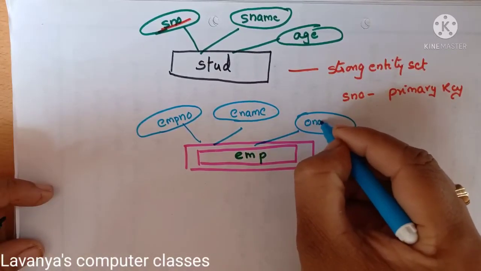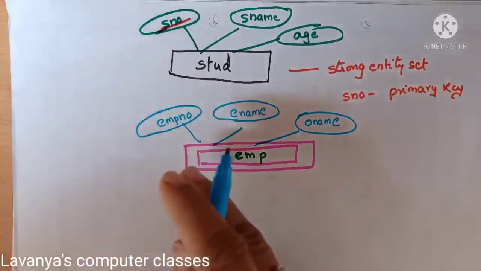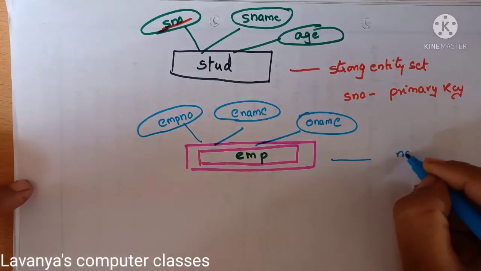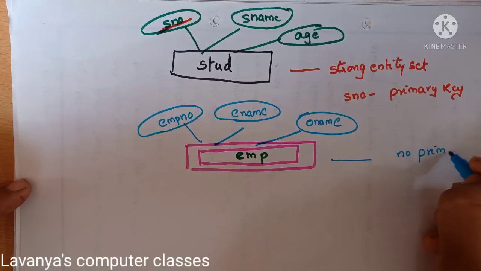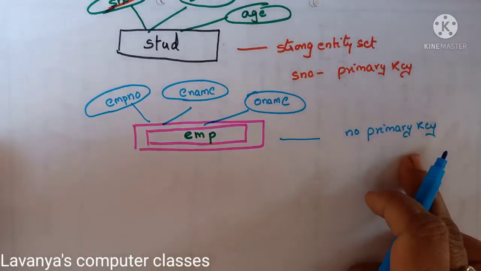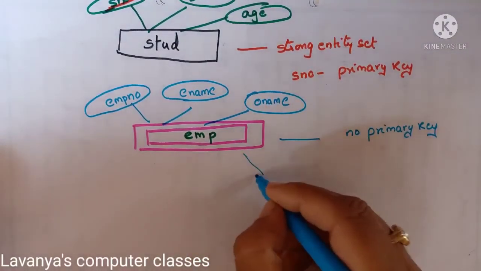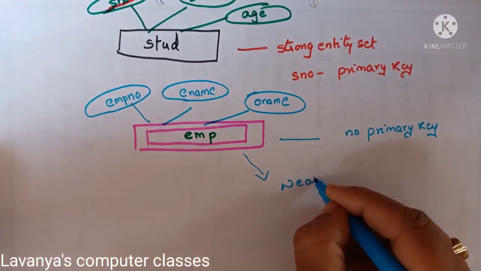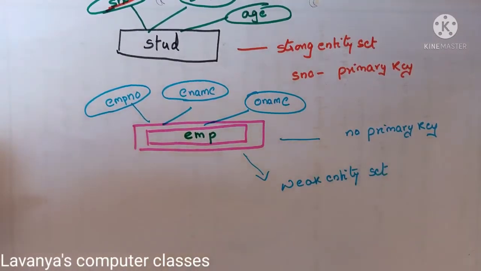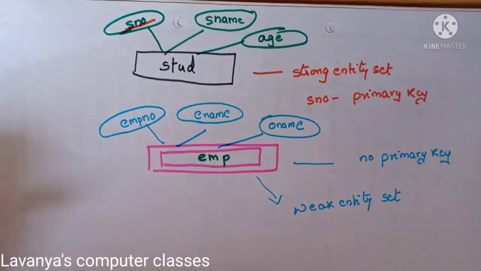O name means organization name. Here we do not keep any underline. That means we do not keep any primary key. There is no primary key concept in this example. So no primary key means it is not possible to uniquely identify. So this is the example of a weak entity set. So these are the types of entity sets.